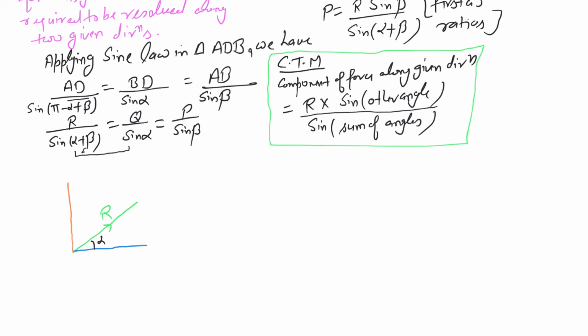This is alpha and this is beta, and say this is P and this is Q.